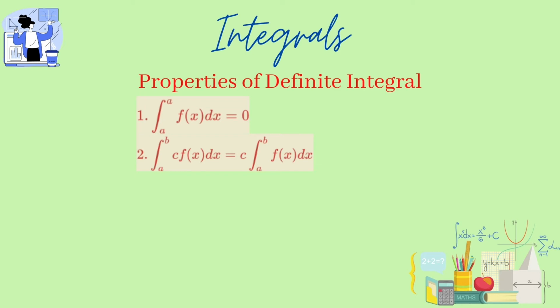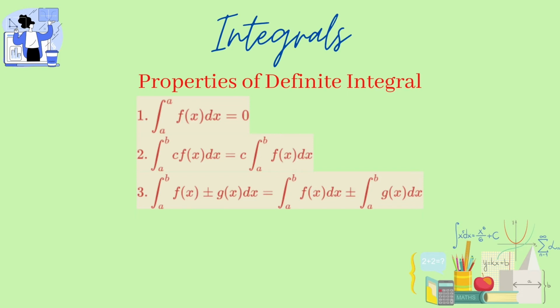In this property, if we're finding the definite integral of the sum or difference of two or more functions within the interval [a, b], then it is the same as finding the sum or difference of the definite integral of each of the functions within the interval [a, b].